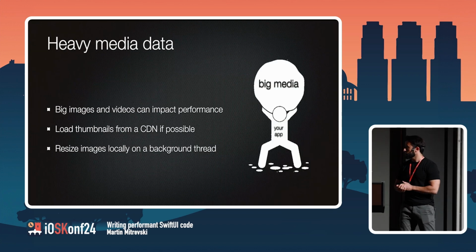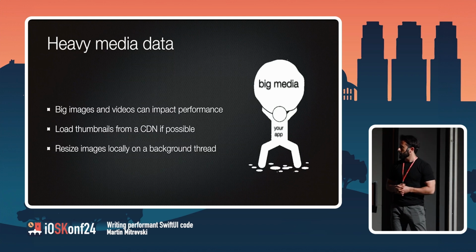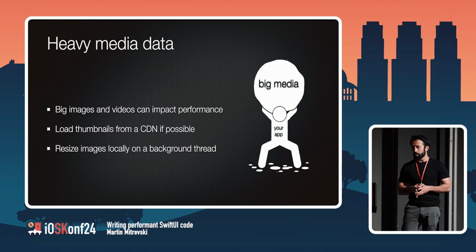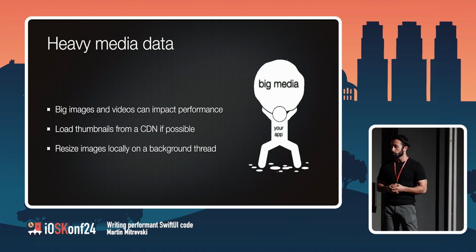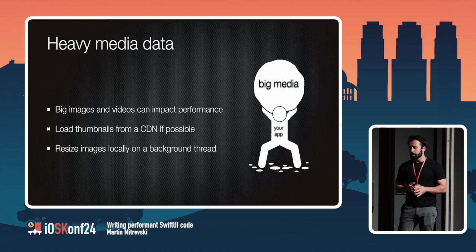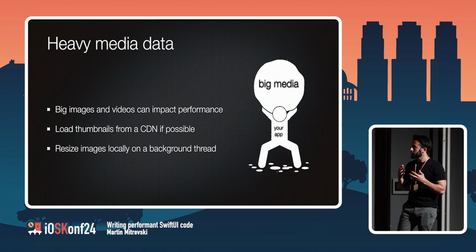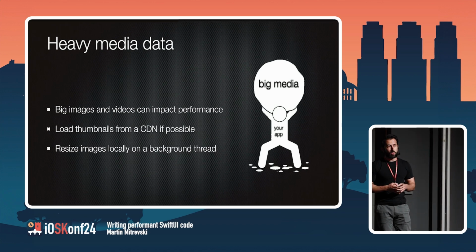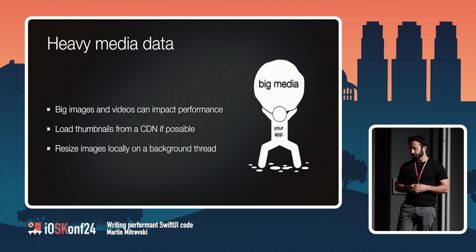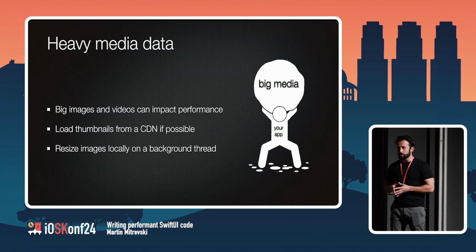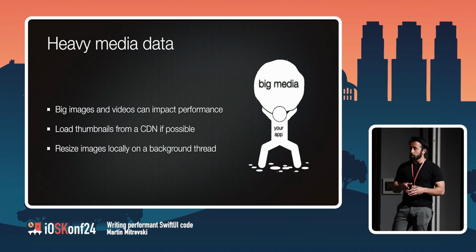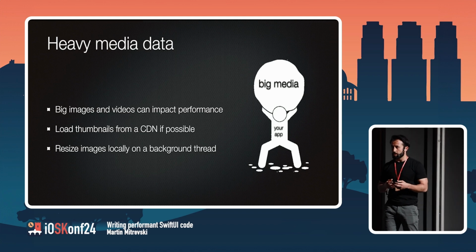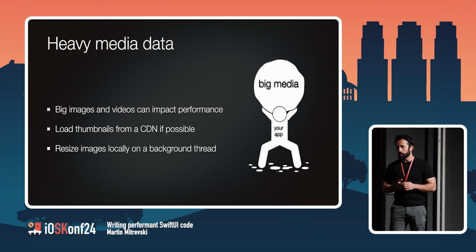And while we are talking about these big lists of data, if you are building lists, images are also very important. How big they are, especially if you first render them as thumbnails. For example, if you have an image that's 20 megabytes big and you want to put it in a 40 points size view, of course it would be very slow.